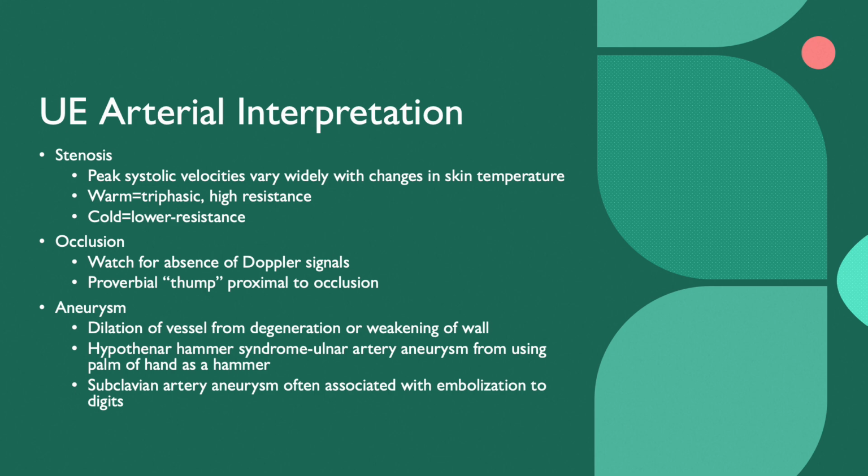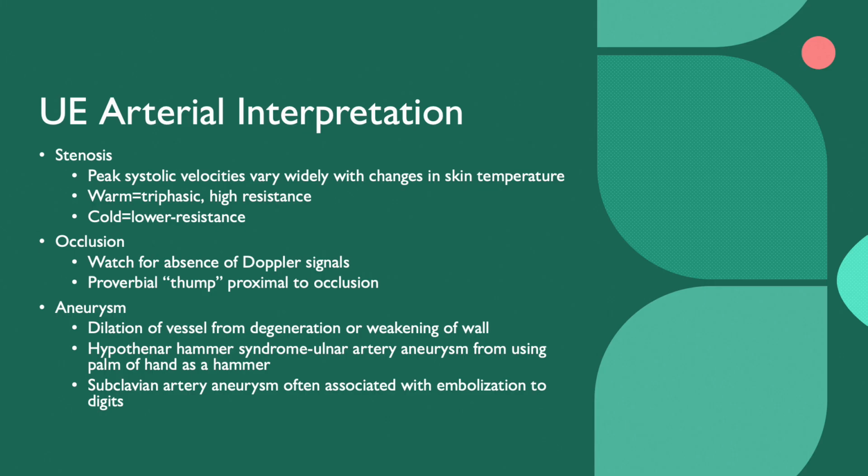So the plaque has built up in the artery, causing a blockage or a stenosis. Your peak systolic velocities at that point are going to be really high. Changes in skin temperature matter too. Warm will give you a triphasic, higher resistant waveform. Cold will give you a lower resistance waveform there.